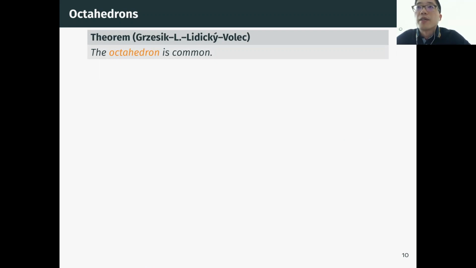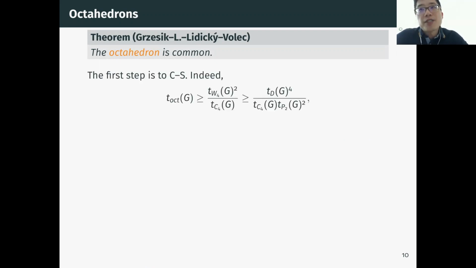By using this. Okay, so the first step is again Cauchy-Schwarz. So we have some bunch of Cauchy-Schwarz. Here, this octahedron K222 is obtained by attaching 2 copies of four-wheels along this outer four-cycle.